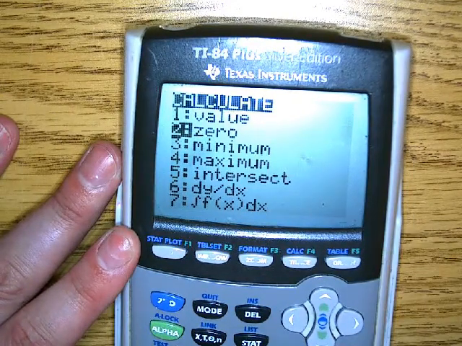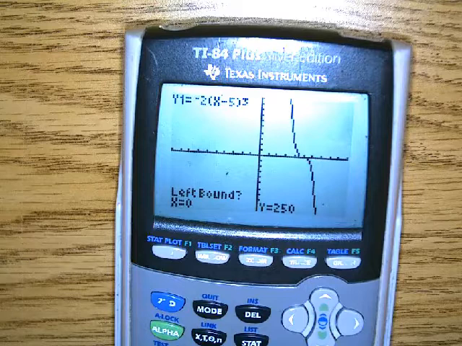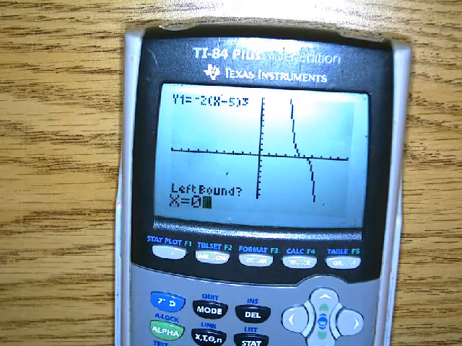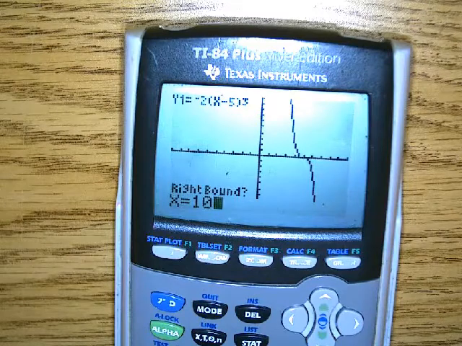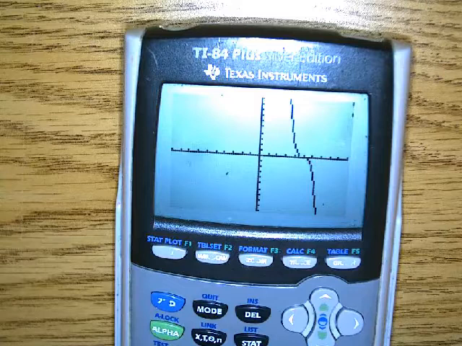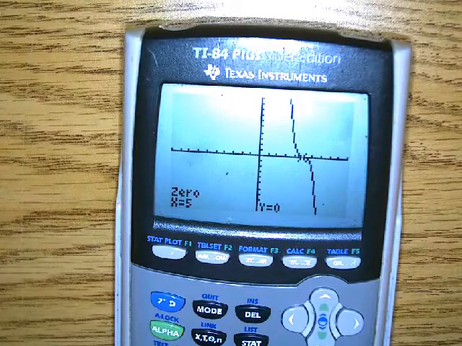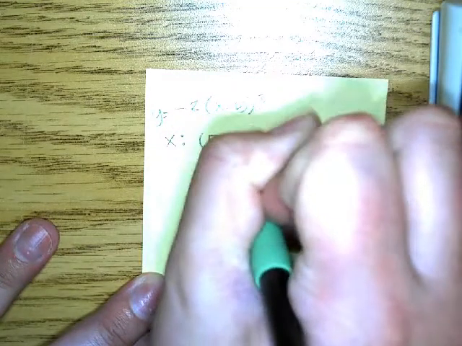I'm going to tell my calculator to look somewhere between 0 and 10 because it's somewhere on the right side of the graph, okay? So left bound, I'm typing 0. Right bound, I'm typing 10. I'm ignoring the guess because the guess is always stupid. The x-intercept is 5. Okay, so only one x-intercept.